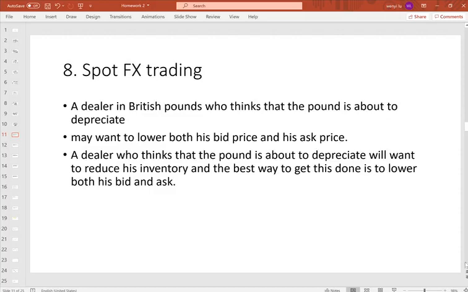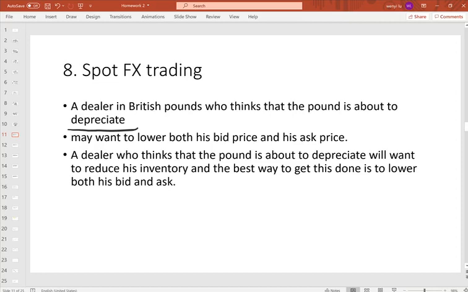These questions are for spot exchange rate trading. A dealer in the British pound who thinks the pound is about to depreciate, so he is expecting the pound will lose value in the future.